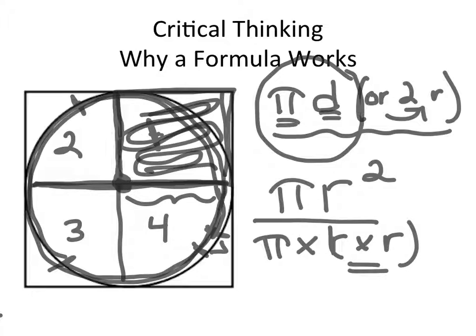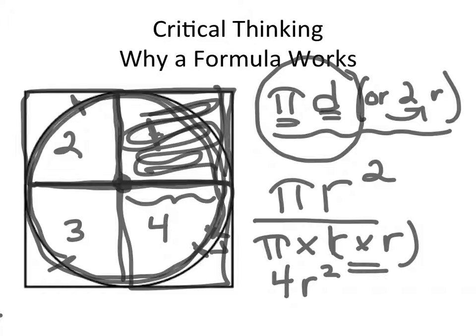So each one of those smaller squares is a radius squared. So by finding the area of the entire square, what I'm really doing is taking the radius squared times 4. That would give me the area of the entire square.